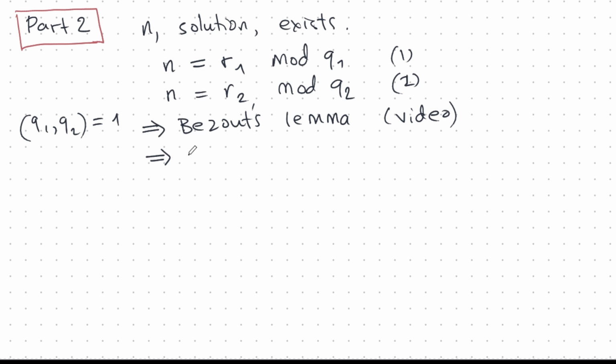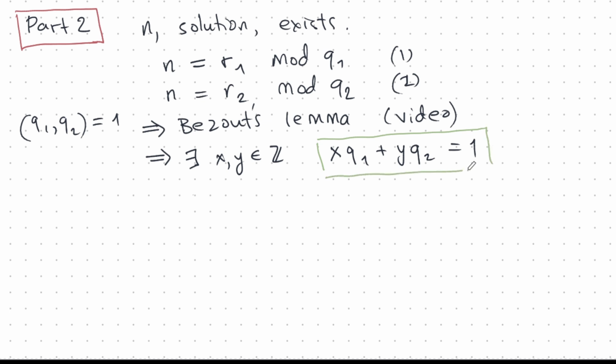So by Bezout's lemma, there exist 2 integers. There are actually many of them. 2 integers such that the following linear combination gives you 1. X times Q1 plus Y times Q2 is 1. All right, so this is equivalent to saying that the GCD is 1.